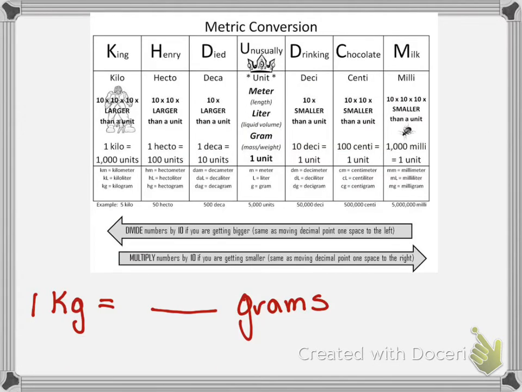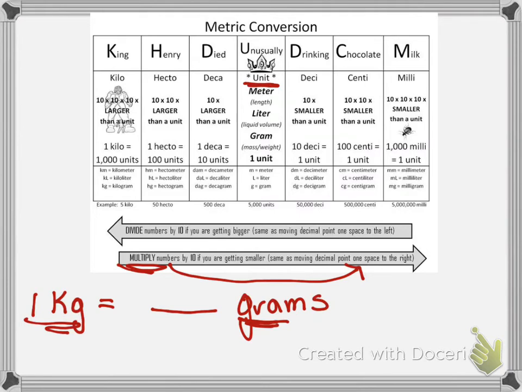All right, here's the chart again. Now let's try this. 1 kilogram is equal to how many grams? Remember, a kilogram is very big. It's 1,000. So if we know we're going from a big unit of measure to a small unit of measure, we're going to multiply. So we're moving the decimal point to the right. And grams, where is that on the chart? That is going to be the base unit right here.